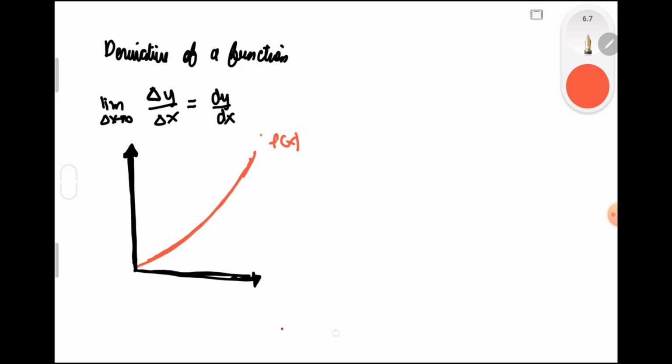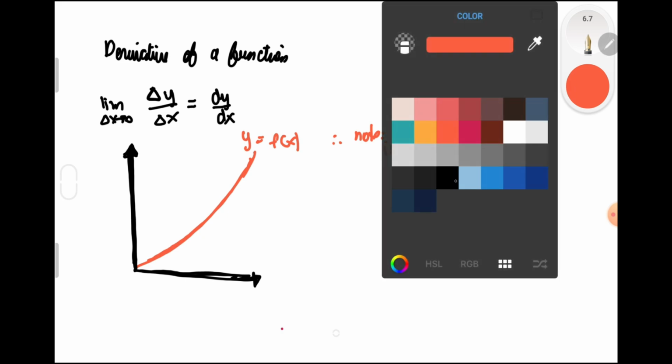So y is equal to f of x. Note that f of x is any equation. Pwede siya maging transcendental, pwede siya maging algebraic, pwede siyang mga trigonometric, pwede siyang mga exponential. So from this point, you would consider this graph y equals f of x, wherein let's consider 2 points.